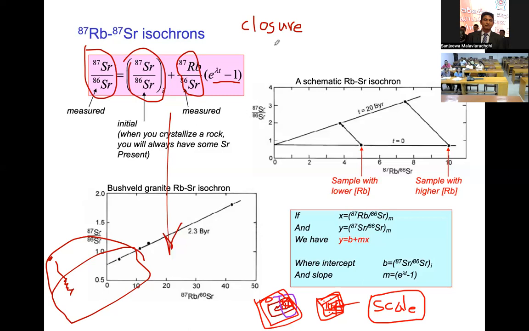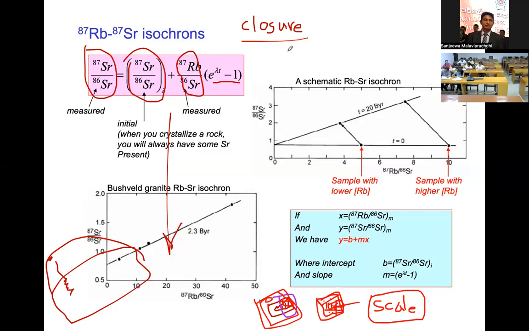Right. The other thing we were talking about: the closure temperature. The closure temperature is the maximum possible temperature that a system can afford without breaking its closed-system behavior. In this case, it means rubidium strontium closed system behavior.